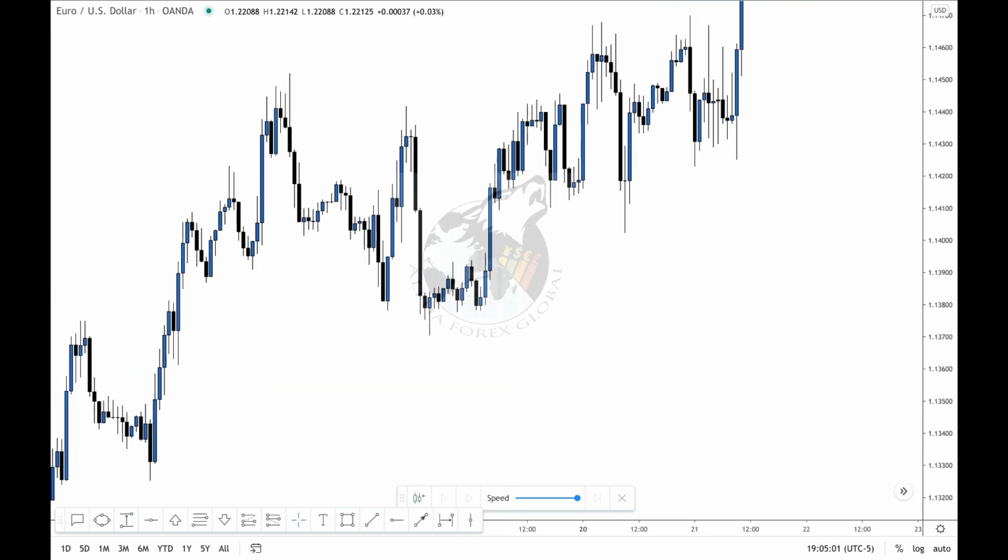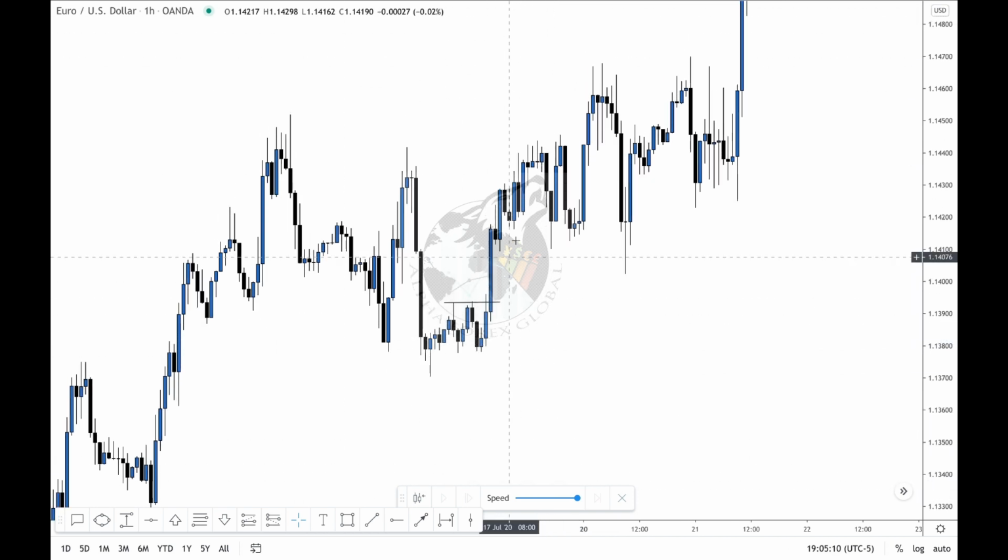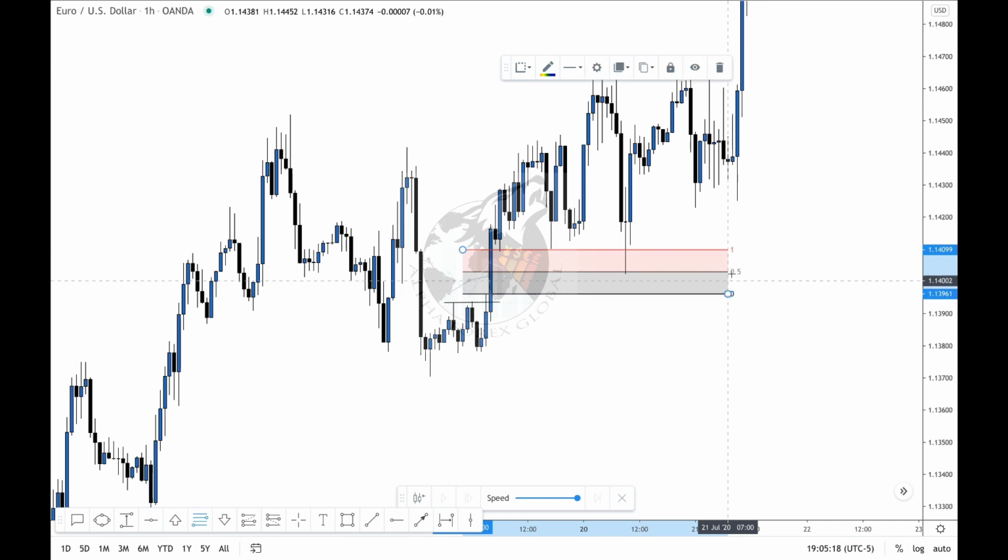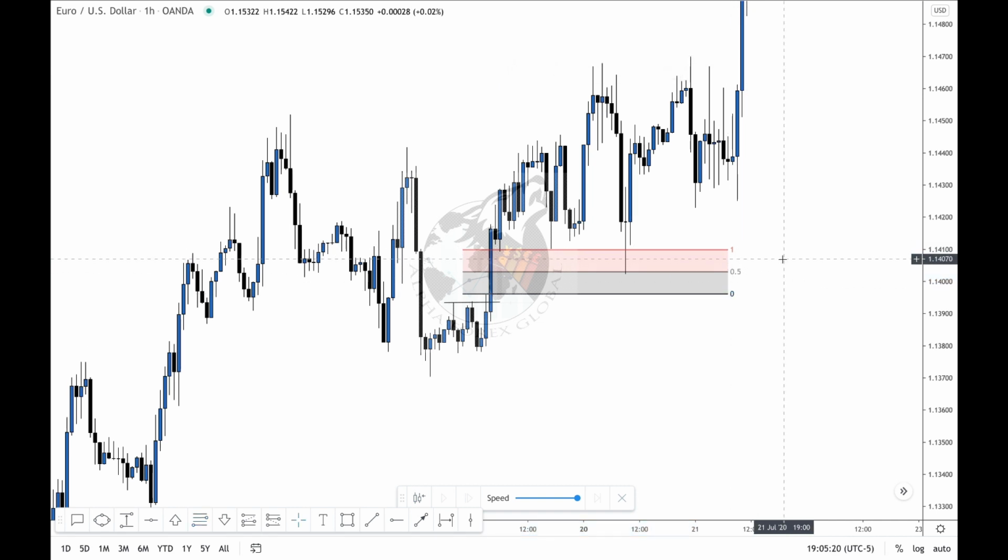Look at this area again. We had this break of structure, and remember, we're following the trend. The market pushed to the upside, and then we left a gap right here. Look at that, 50%. And it doesn't have to be 50%, it can fill the gap completely.